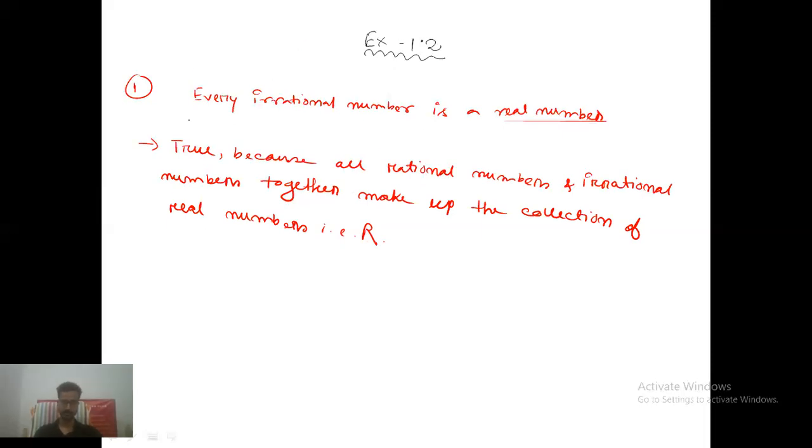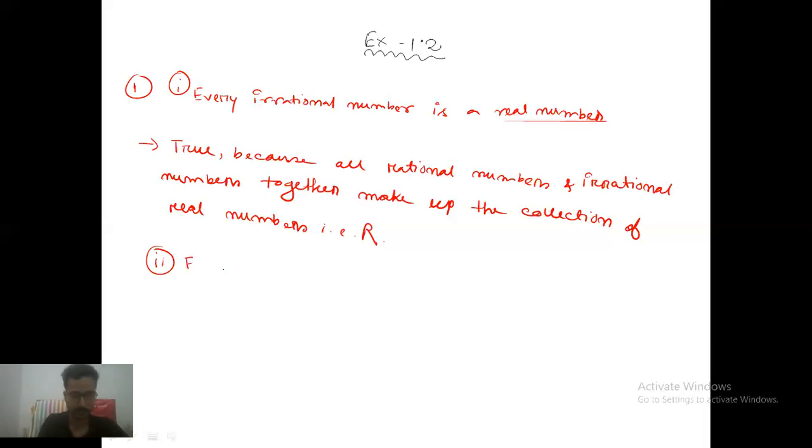So now see the next one. This is number 1. The next one, number 2. Number 2: every point on the number line is of the form root m, where m is a natural number. All of you write down number 2.